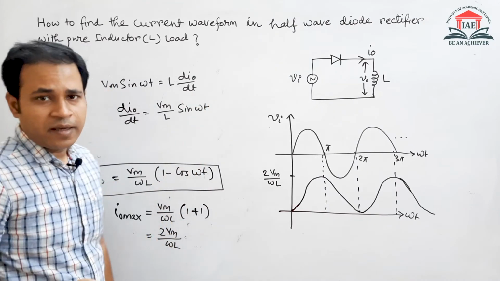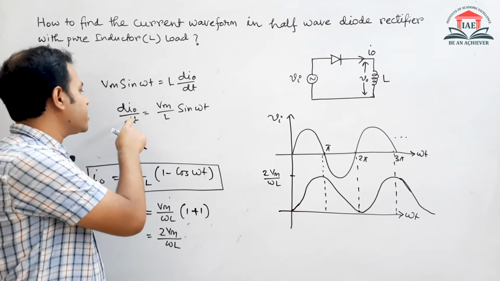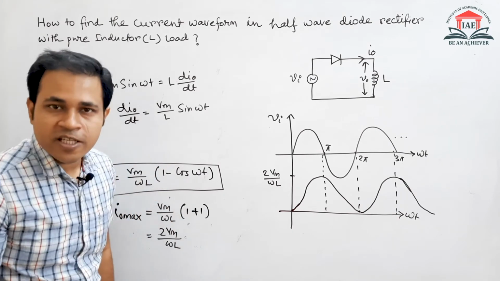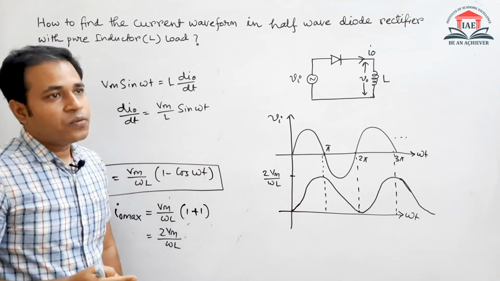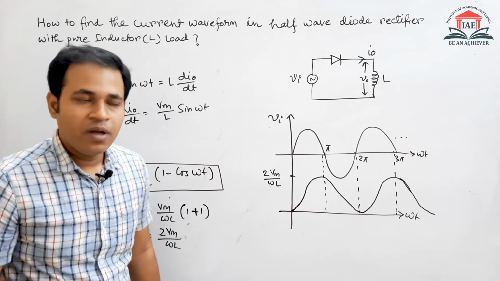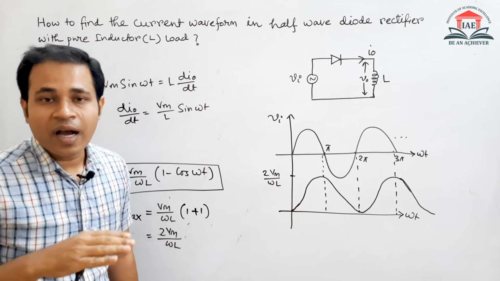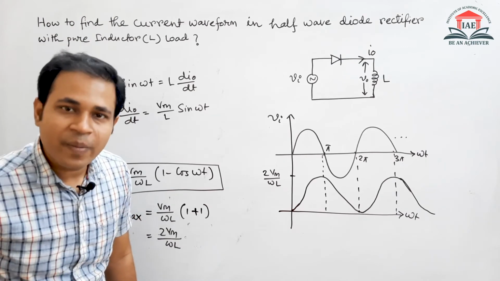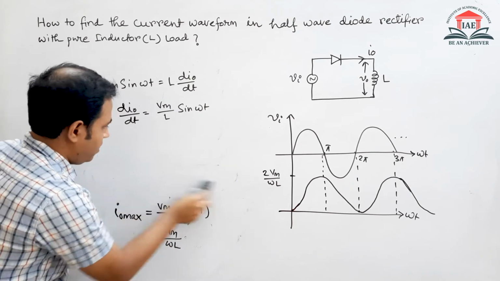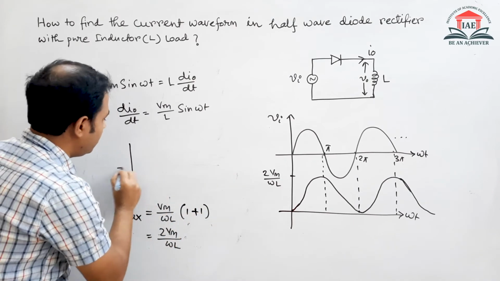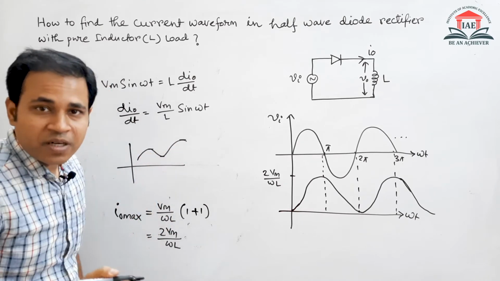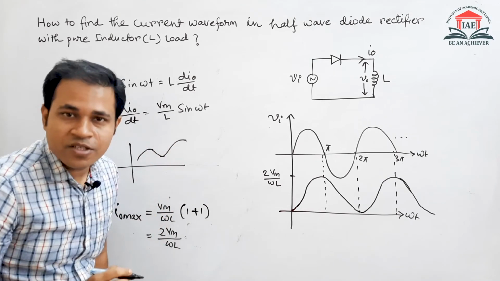Now look, we are finding the expression for I0, and this is the derivative of that expression. We know that when the derivative of an expression becomes 0, that is whenever the curve has a maximum or a minimum value, at these particular points the derivative is 0, right?